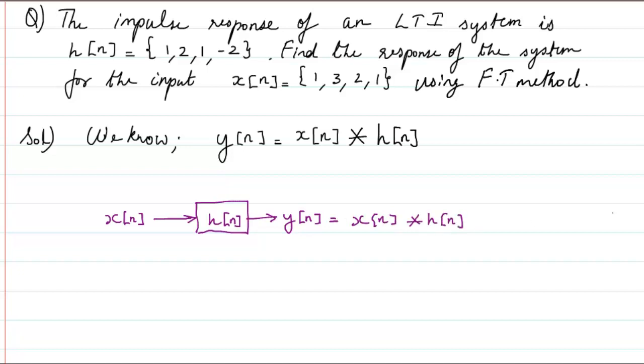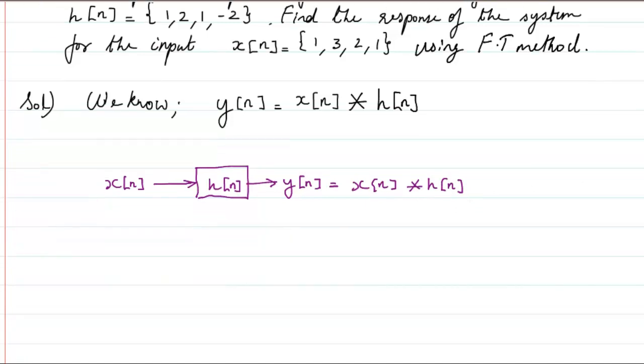From the discrete time Fourier transform, we know the same thing works like this: instead of x of n, we take the Fourier transform of x of n, which is capital X of omega.